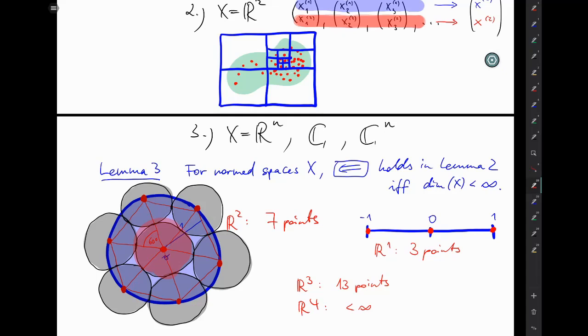And that's kind of how you can see that by going up to an infinite dimensional space, you can fit infinitely many points there without having a distance less than 1 from each other, or to say it differently, you can put infinitely many points inside the unit ball of an infinite dimensional space without them accumulating anywhere.